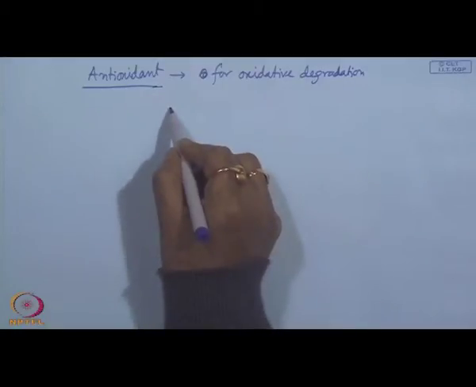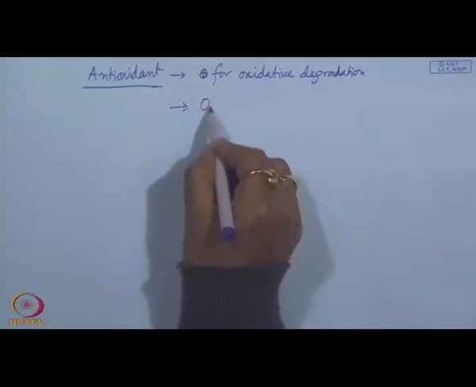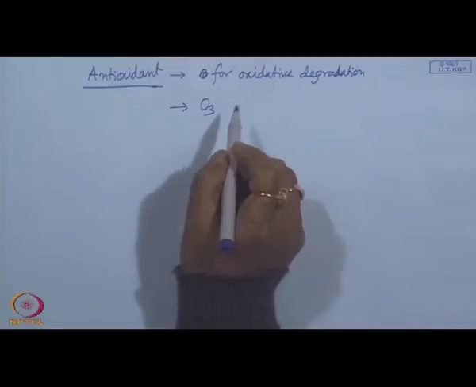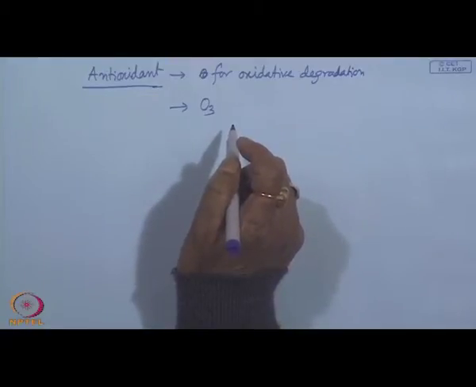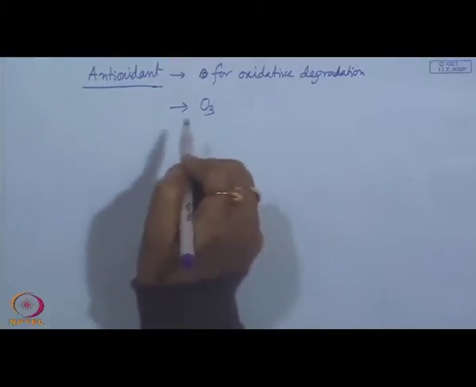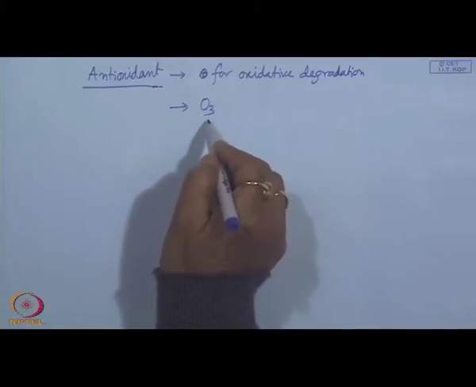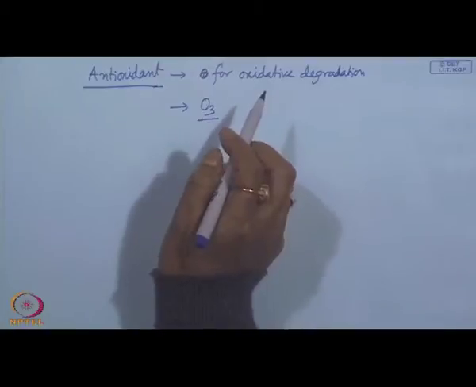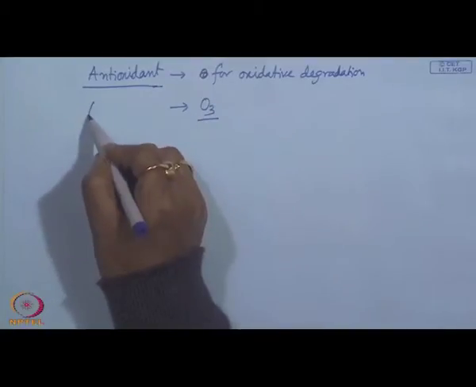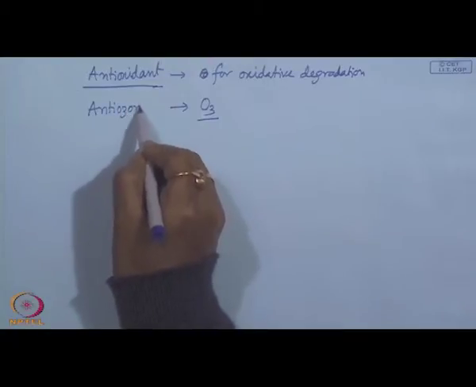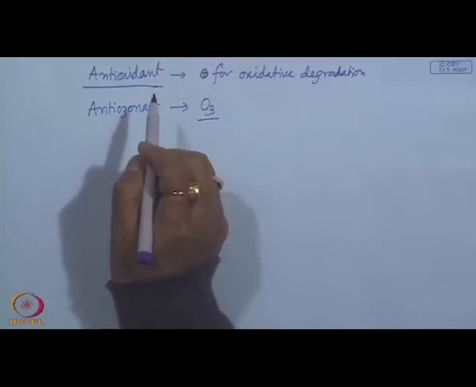Now, if the degrading agency is ozone, there are certain regions on the earth's surface where the atmosphere contains a higher ozone concentration. To prevent the rubber product from degradation by the presence of ozone in the atmosphere, that compound is known as an anti-ozonant.